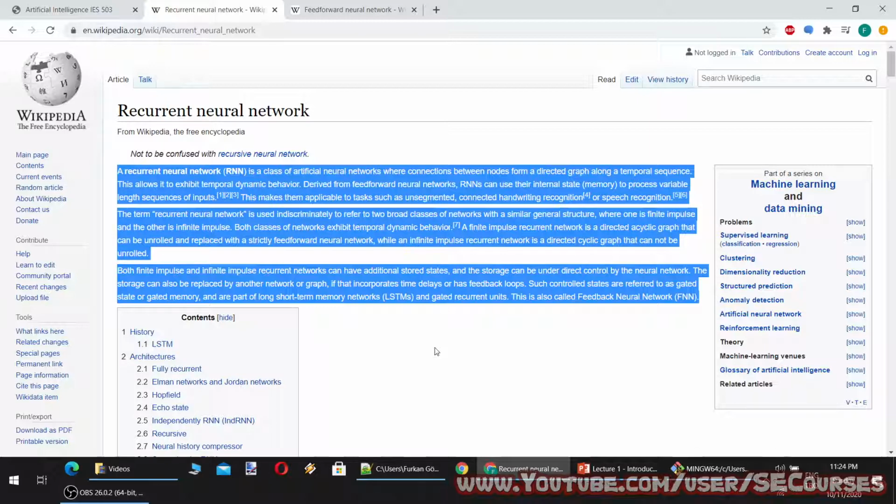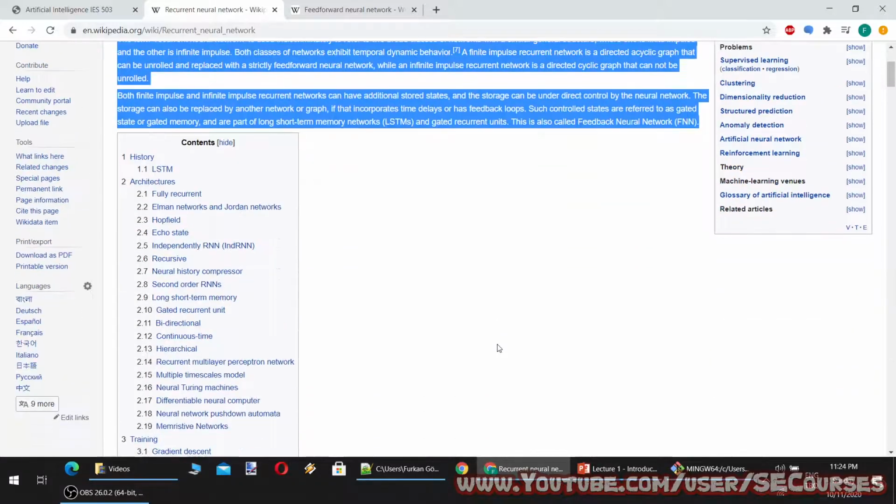The storage can also be replaced by another network or graph, if that incorporates time delays or has feedback loops. Such controlled states are referred to as gated state or gated memory, and are part of long short-term memory networks, LSTMs, and gated recurrent units. This is also called feedback neural network, FNN.